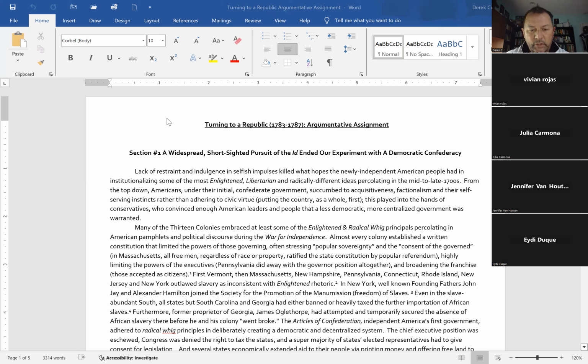At this time, there was more political participation and more economic opportunities for more of the common white WASP American men than had been available previously, and we were proud of that.